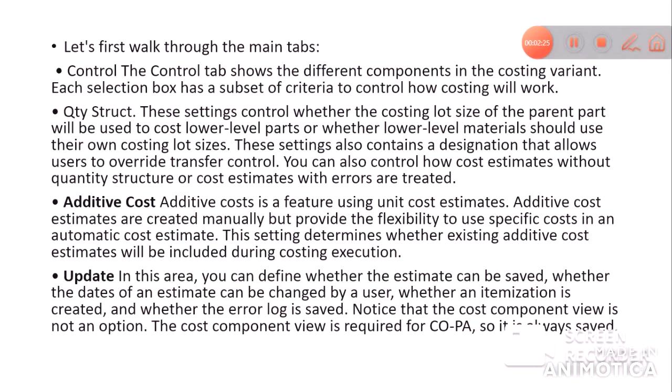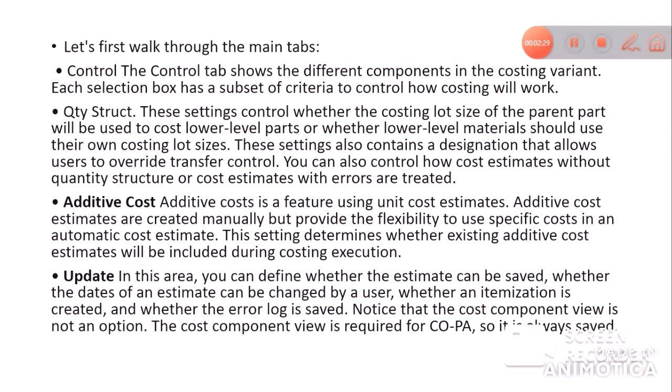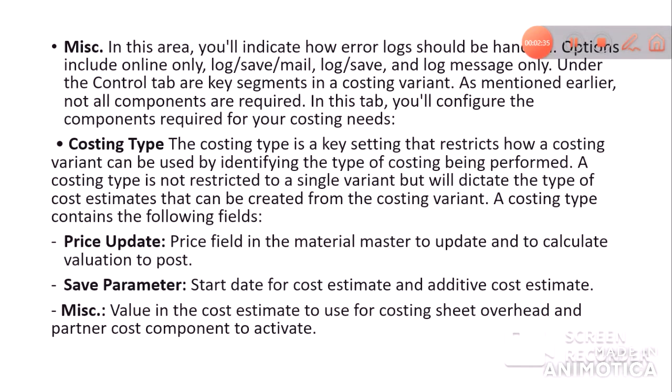So in assignments we have seen there are cost component structure, costing version, cost component split in controlling area currency, cross company costing, and miscellaneous, and then costing type.